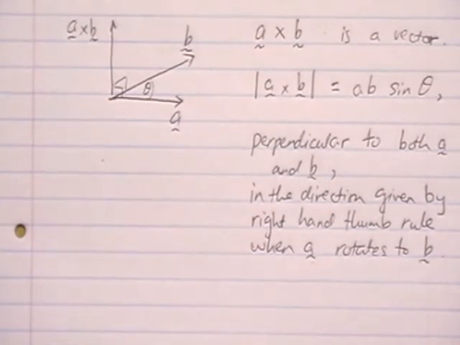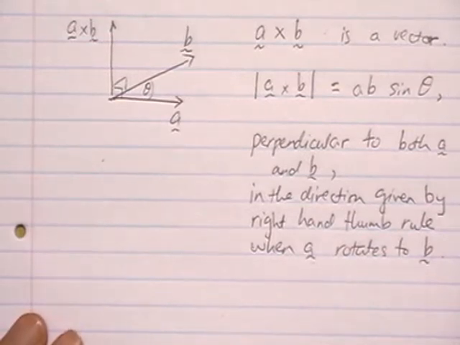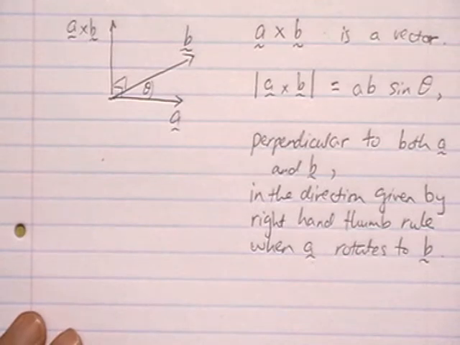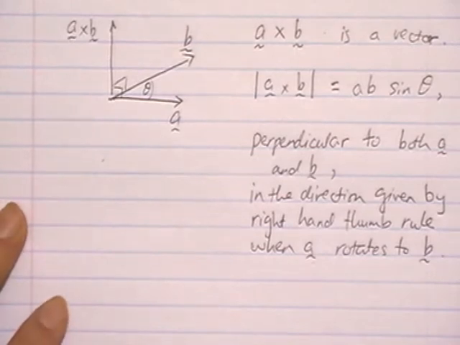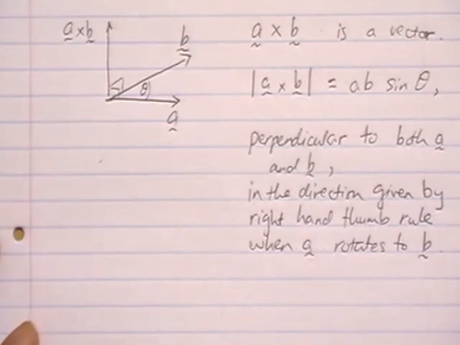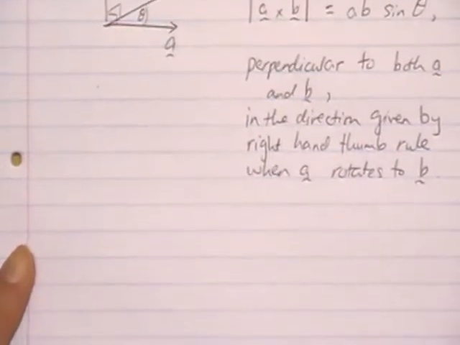Now, what I want to do in this session is to prove two properties of the cross product. Hopefully there'll be time to prove both properties. If not, I'll prove the first one first.